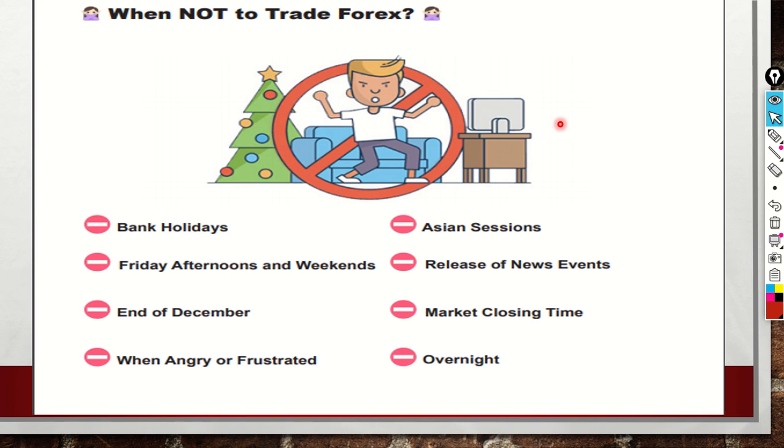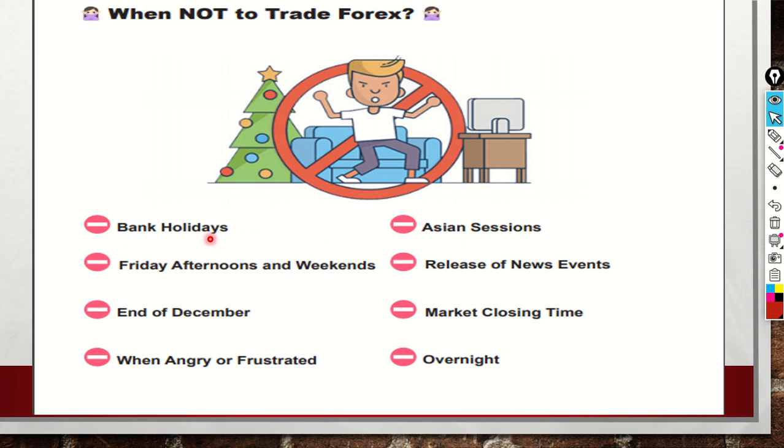We also have the times of when not to trade the forex market. So this is when you should not trade. Typically the Asian session is the first. You can trade on the Asian session, but try not to. We also have bank holidays.